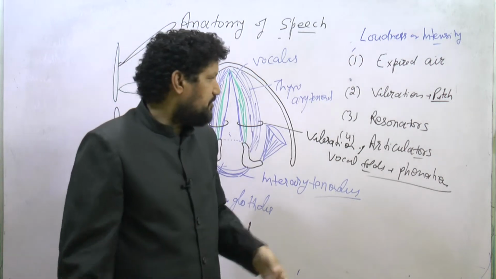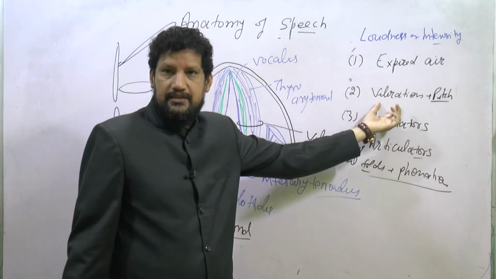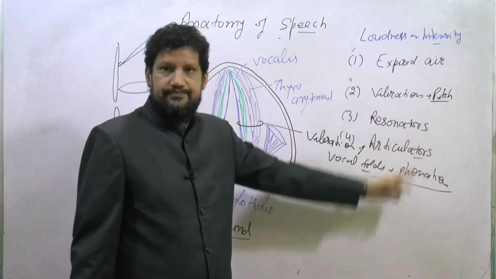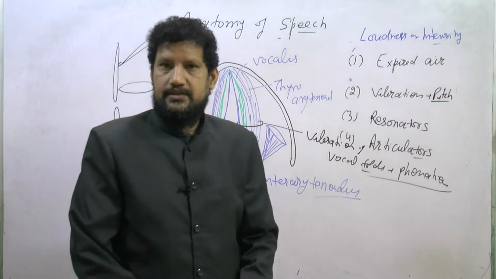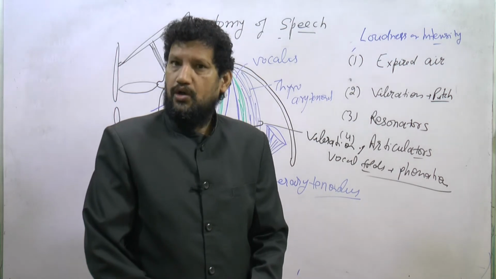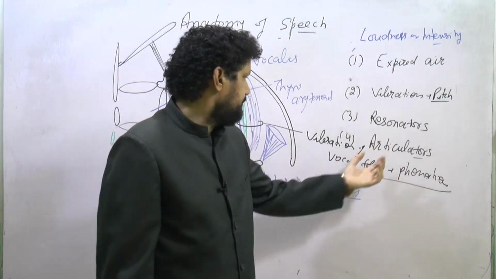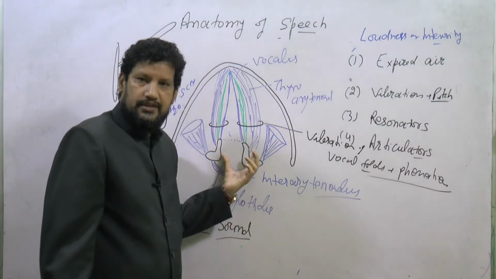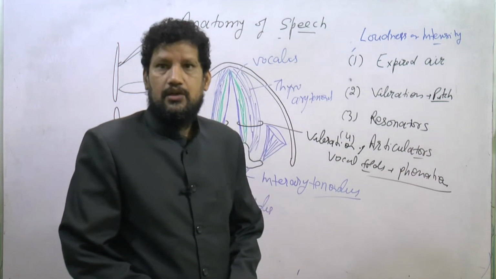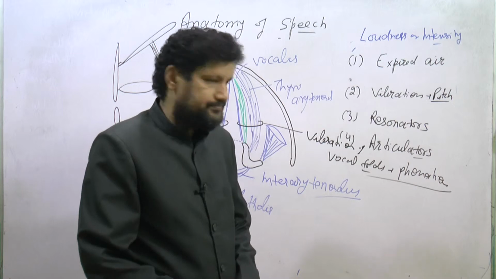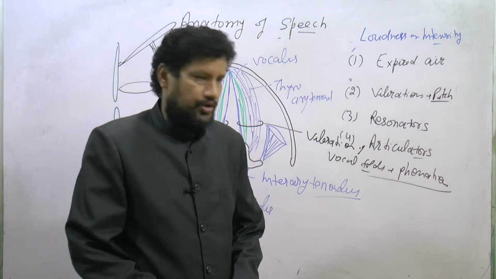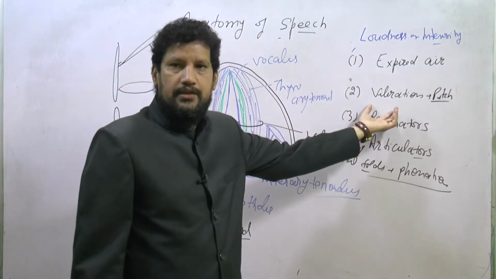The sounds produced by phonation, arising from vibration of the vocal folds, are voiced. All vowels A, E, I, O, U are voiced, arising from the vibration of the vocal cords.